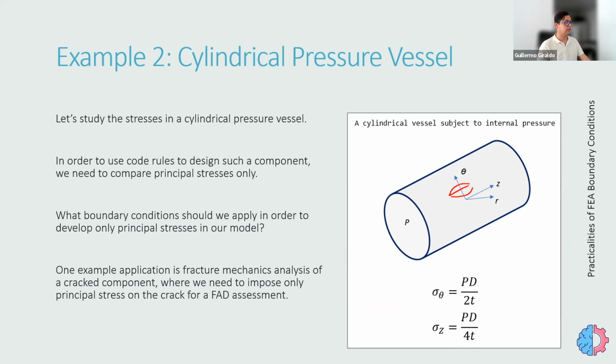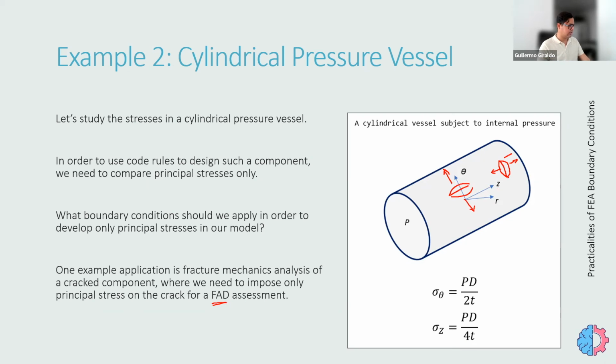So the stress that tries to open this crack is this tangential stress, right? Or if the crack is in this direction, then the stresses in this direction are what try to open the crack, right? And we need to, in our FEA model, only include these stresses. Otherwise, our solution will not be valid with the current tools that we have to analyze this, the FAD assessment, for example, the failure assessment diagram.